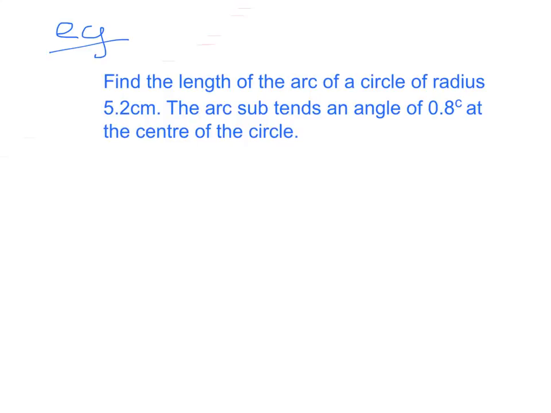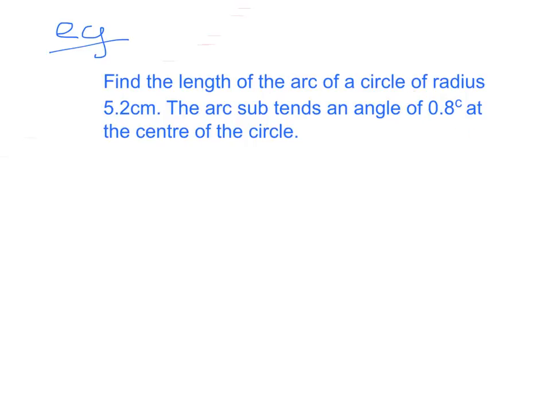Now 2 pi we know has a value of 6 point something, and pi we said was 180 degrees, so that's 3.14 and so on. So if I'm giving a little bit of context, 0.8 radians is less than a quarter of a circle.